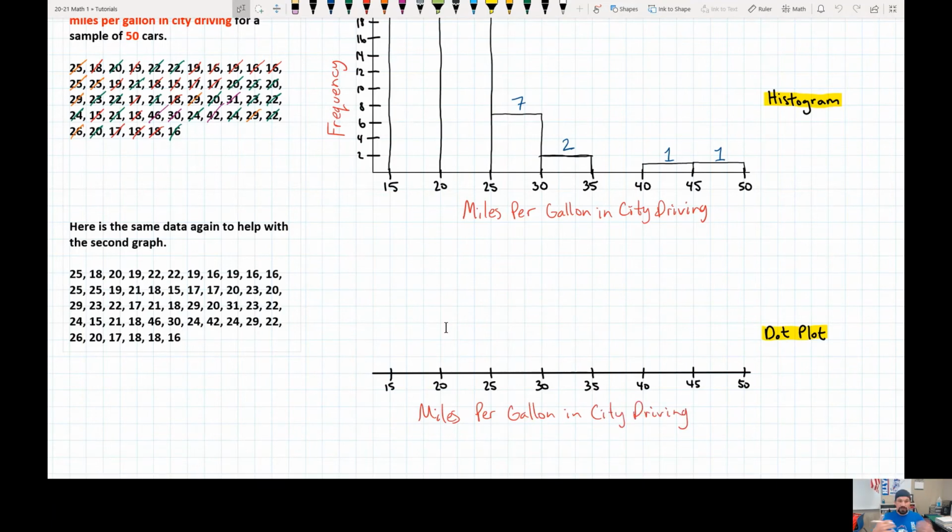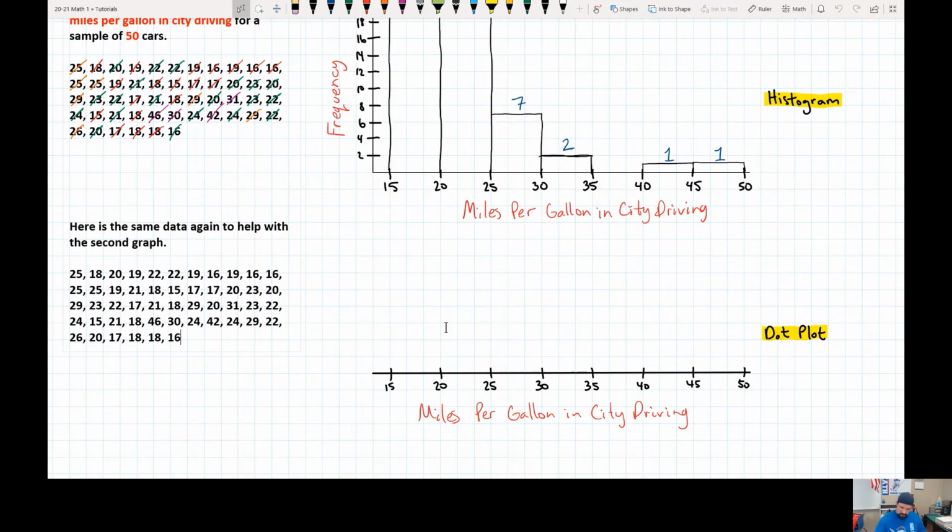And that will be the only thing we have to label besides the values on our line. And so now again, a key difference here that we're going to see right away is that there is no vertical axis. There's no y-axis in this. It is just the horizontal axis. And this is because we use dots and the number of dots on each value to represent the height of each value. So there's no need for a frequency or a y-axis.